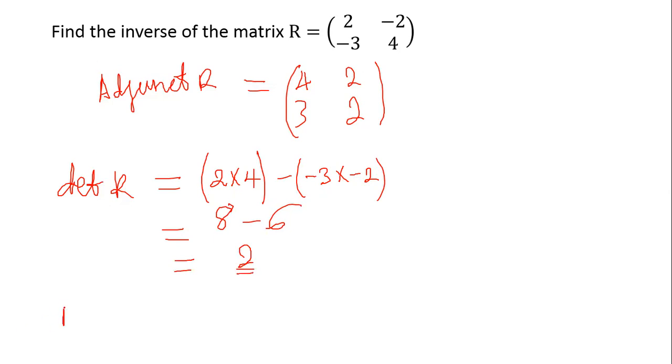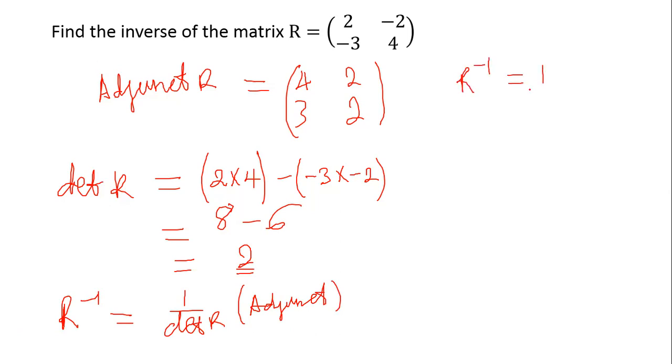So we say our inverse is equal to 1 over the determinant of R multiplied by the adjunct. So our inverse is equal to 1 over 2 into 4, 2, 3, 2.